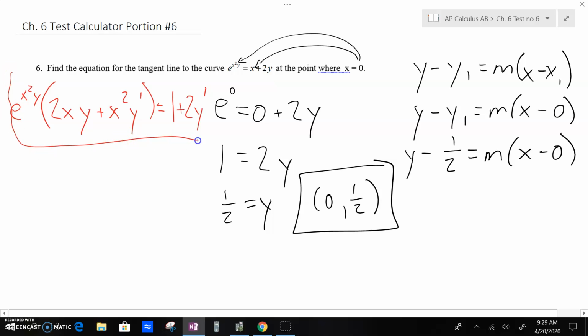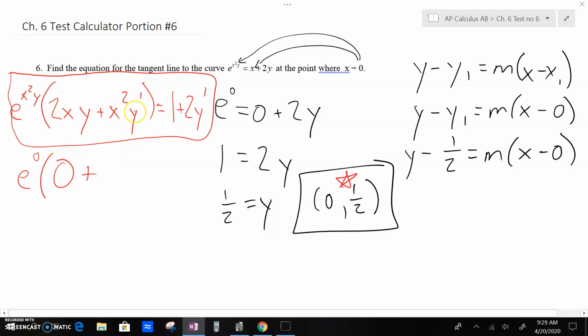And this red thing is my derivative expression. You don't need to do anything more with it than that. You don't need to isolate out anything yet, because what we're going to do is plug in this point, so 0 and half. So I'm going to say e to the 0 times a half. Well, that's e to the 0. 2 times 0 times a half. Well, that's 0.